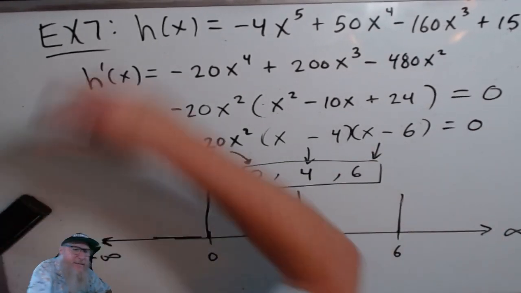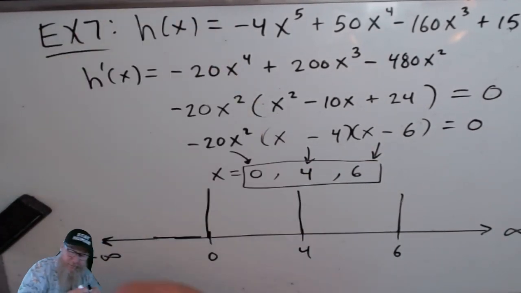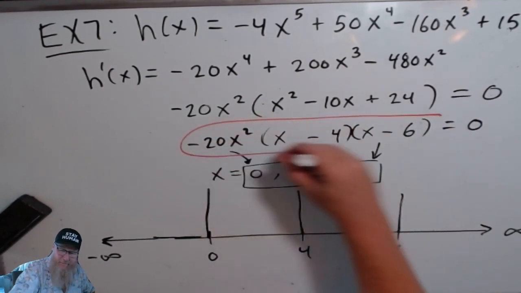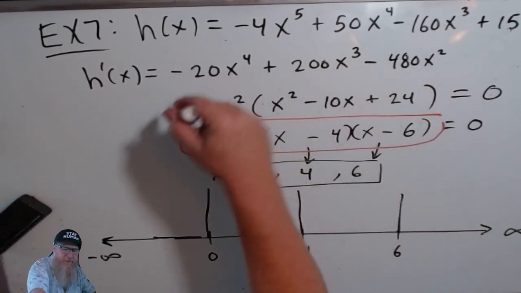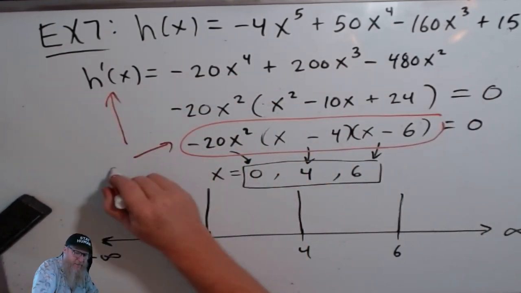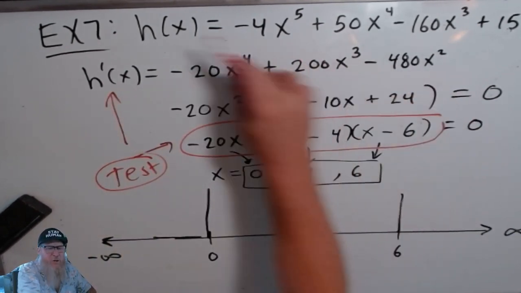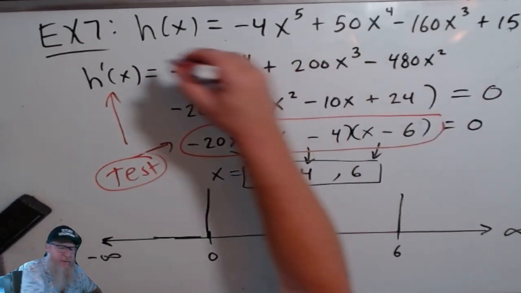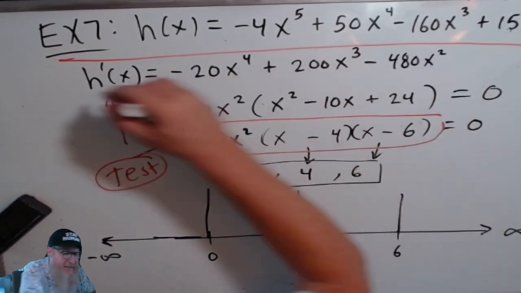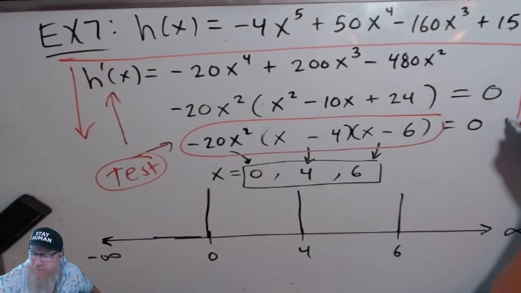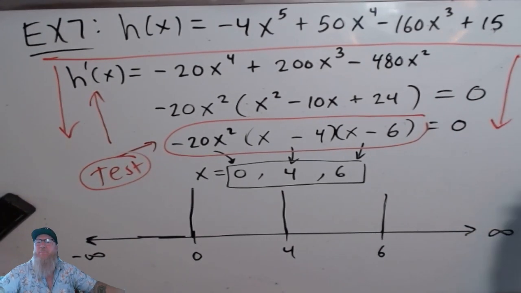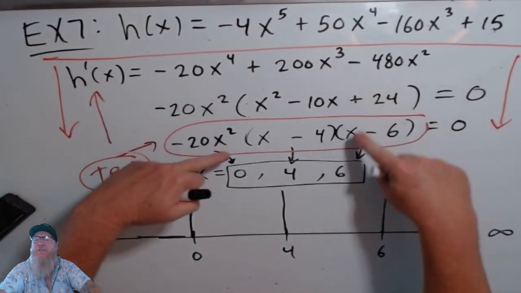So here's what I'm going to test. You can test any one of these. You can use the original. Don't use the original function, though. So if you're going to test, these are your options. Anything from the derivative, any of these are all equivalent.